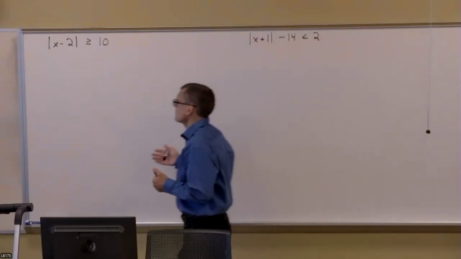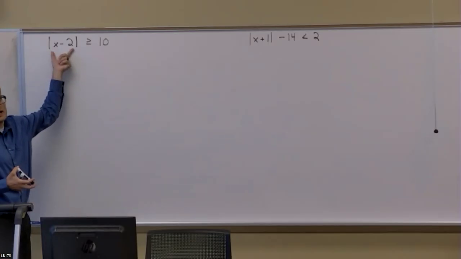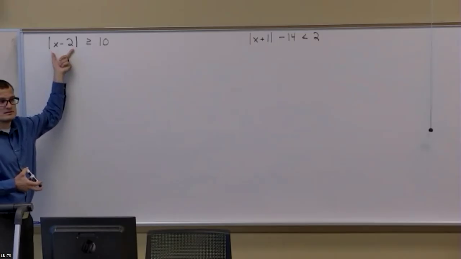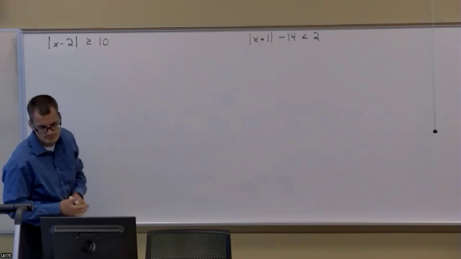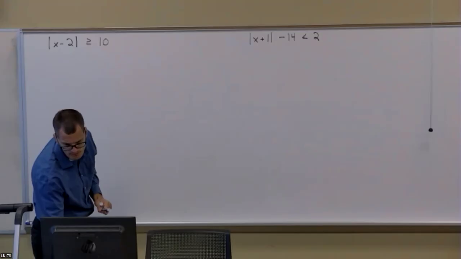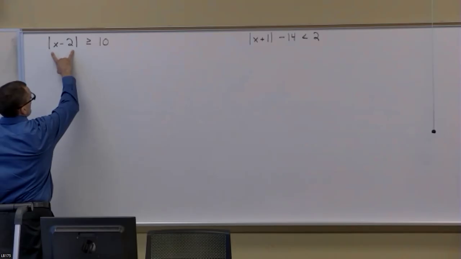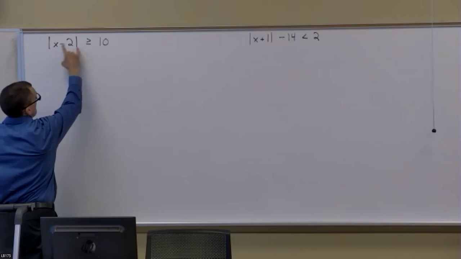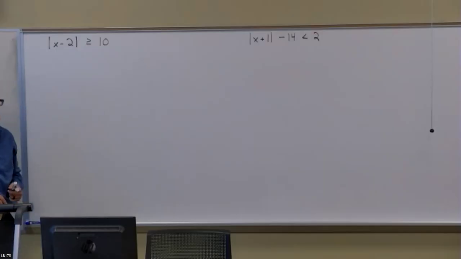So for this first one, we already have the absolute value isolated. This side has to be non-negative. Therefore, the left-hand side has to be non-negative. So we can get positive numbers here. Those positive numbers can be bigger than 10, so it's going to make sense.